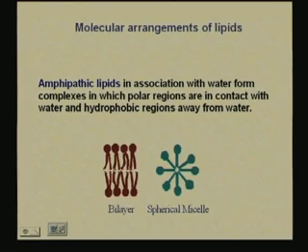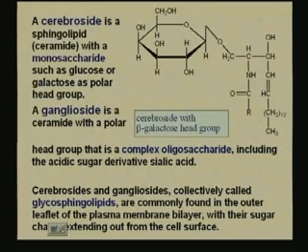Okay. Now, if we just go back to this once more, when we have a cerebroside or a ganglioside, some structure like this forming a micelle, then we have a long fatty acid chain at the R group.